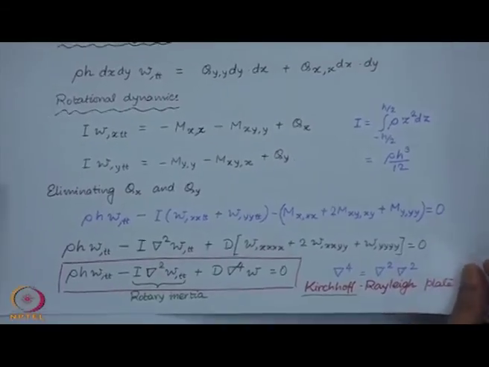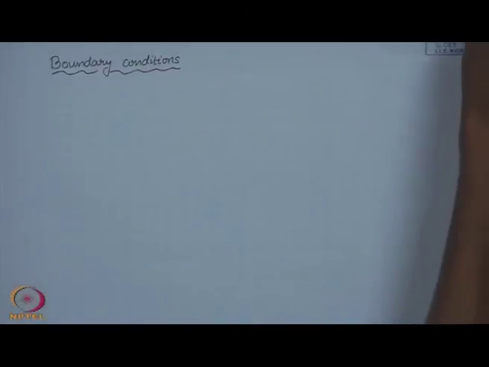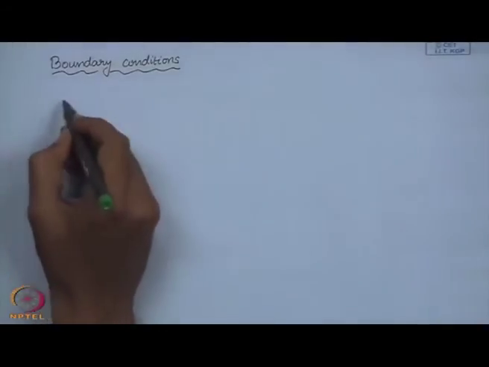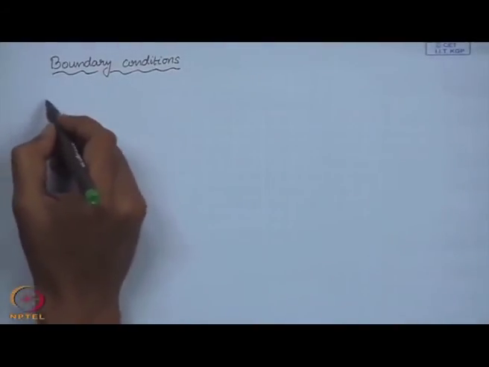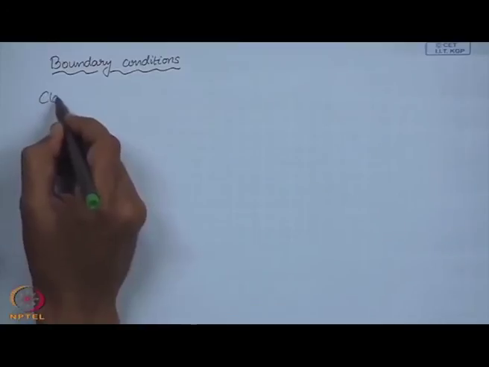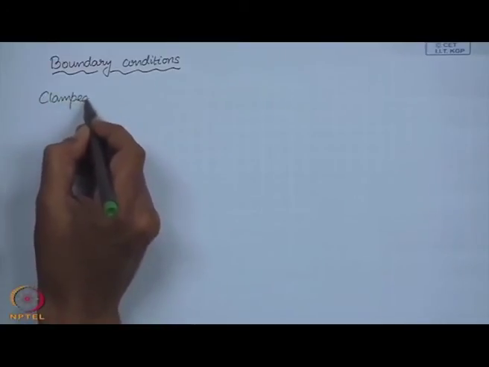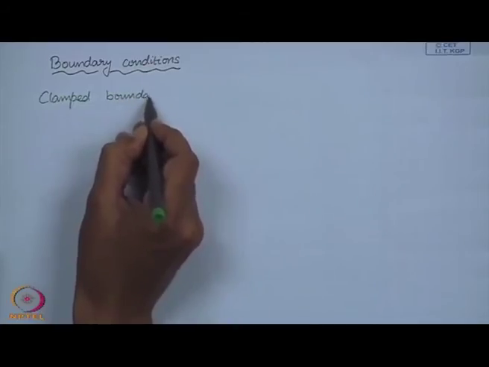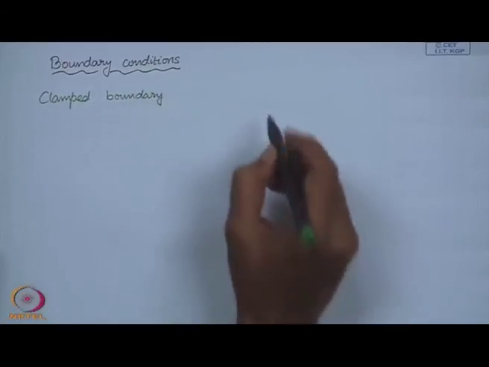So, now we discuss the boundary conditions. We can have various kinds of boundaries. Suppose we consider a clamped boundary.